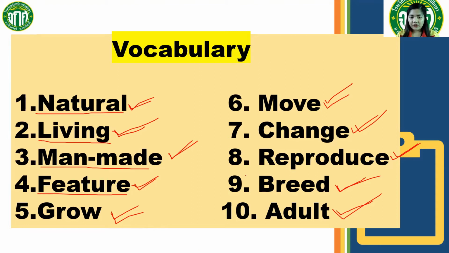Thank you, Ozone. Let's move on to Tawan. Tawan, please unmute yourself to spell number 5. Grow. G-R-O-W. Grow. All right. Number 6, spell move. M-O-V-E. Move.